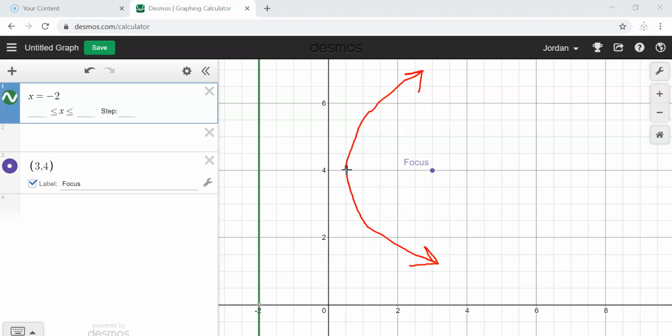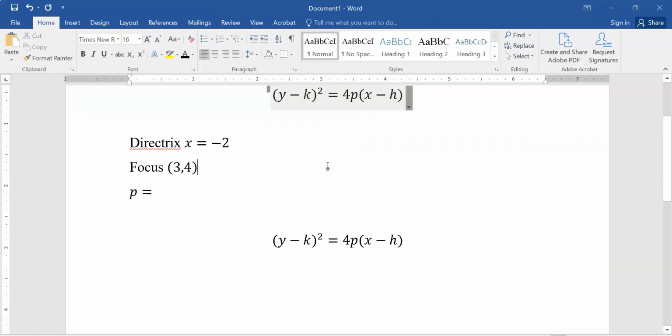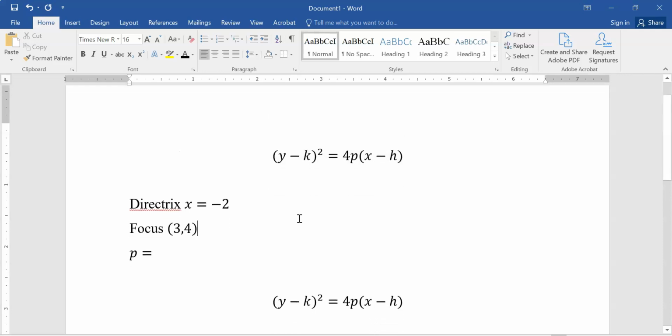So the vertex is right here, halfway between the focus and the directrix, the midpoint there. And then we're pointing to the right. Pointing to the right means that we're going to use this equation, the one where we're squaring the y and we have a linear component with the x.